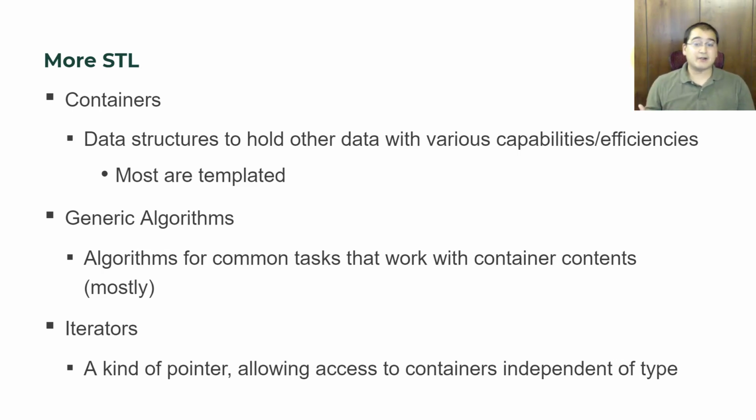You also have generic algorithms, which are algorithms that can take iterators from a container and do things like finding particular elements or filtering out all of the elements that meet a particular criteria. And these iterators are kind of the glue that allows containers and generic algorithms to talk to each other, so that a sort algorithm can work on both vectors and strings, things like that.